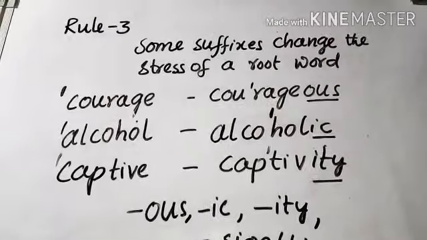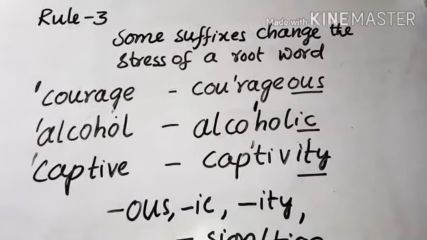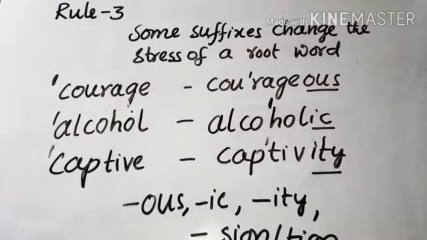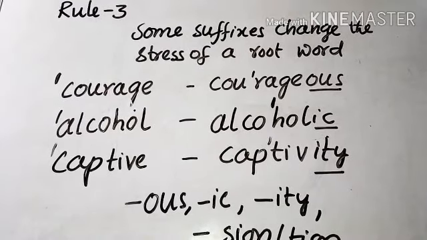Next one is rule 3. Are the suffixes going to change the stress of the root word? But not in all the cases. In some cases, we can find some suffixes change the stress of the syllable of the root word.